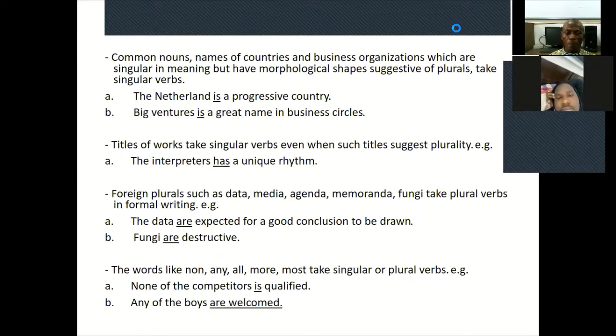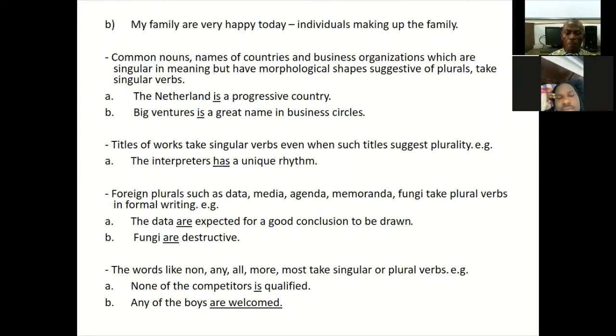Common nouns, names of countries and business organizations, which are singular in meaning but have morphological shapes suggestive of plurals, take singular verbs. This is where students can always find some problems, because I have said, The Netherlands is a progressive country. Big Ventures, because you have said "ventures", you may be carried to say "are".